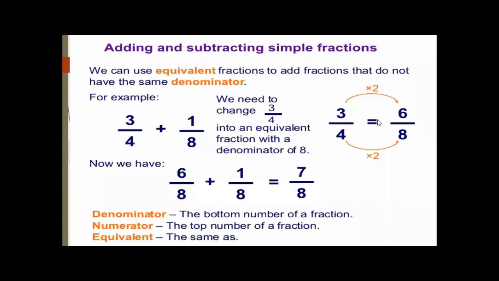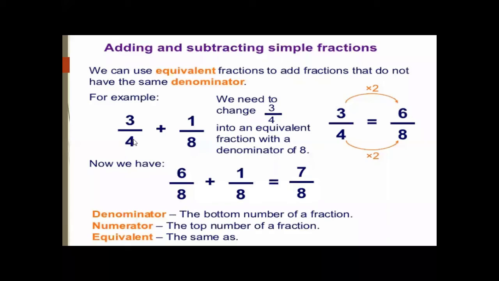The same number I have to take. 3 2s are 6, 4 2s are 8. Why have I taken 2? To make this denominator equal to 8, because if we take the LCM of 4 and 8, we always get 8 in the denominator.